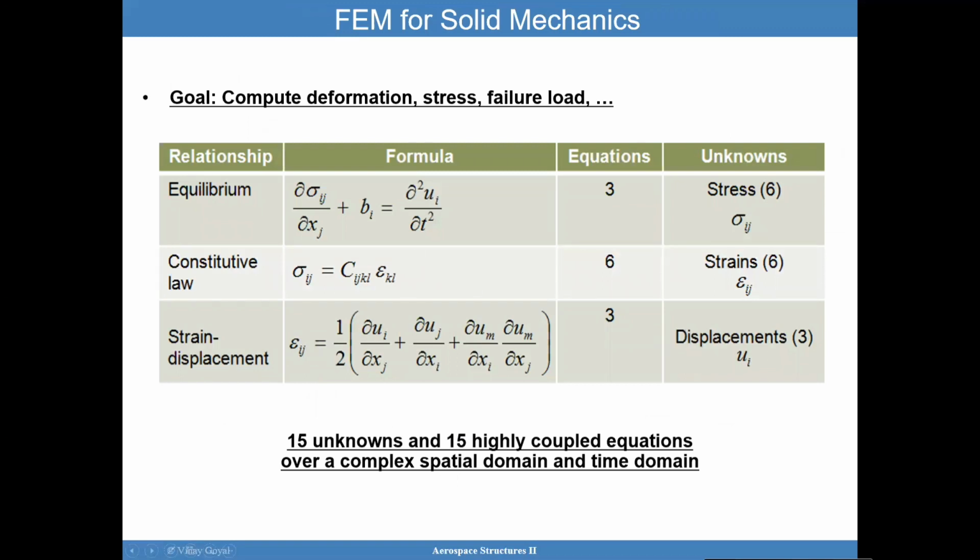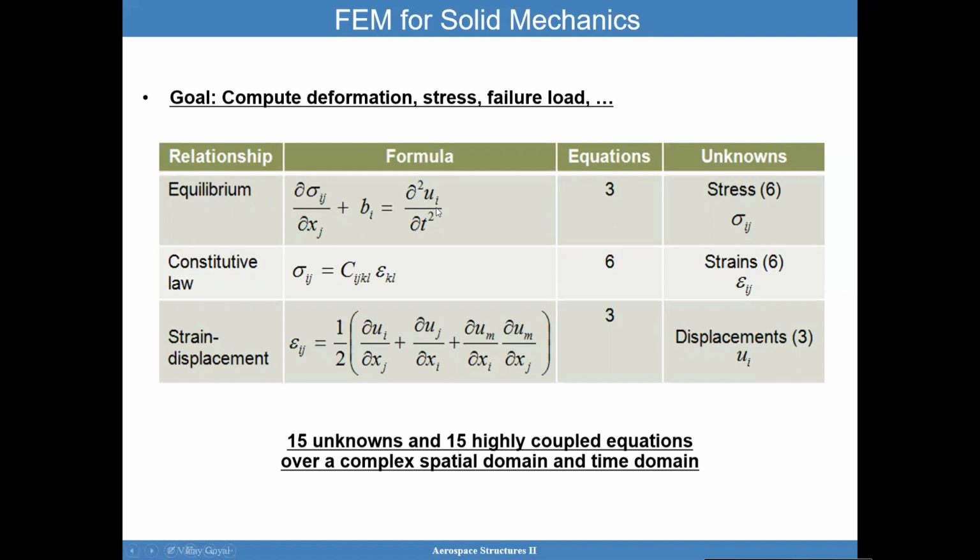As you can see here, one way to solve these equations is to plug epsilon ij into this equation. And so everything here is now in terms of deflections. Then you can plug this equation back into the first set of equations. And now we have a gigantic set of 3 equations in terms of deflections, which you can then solve.